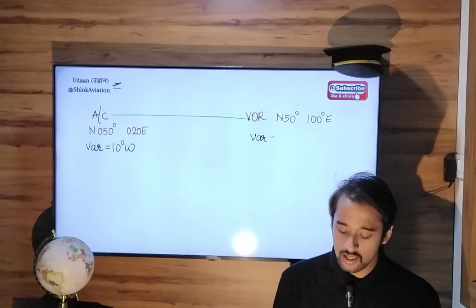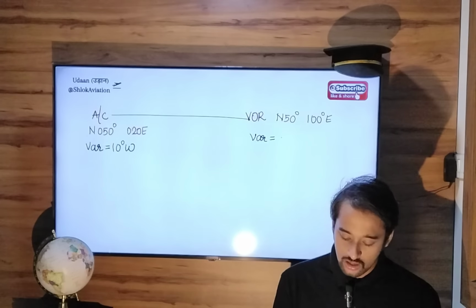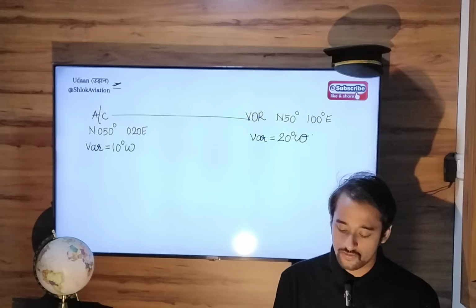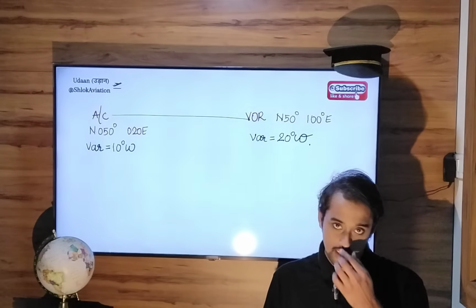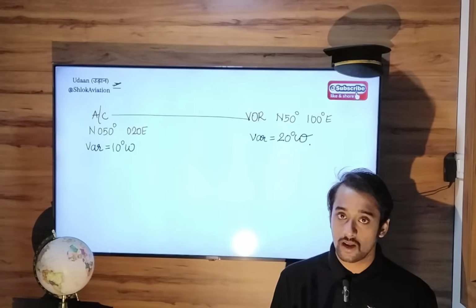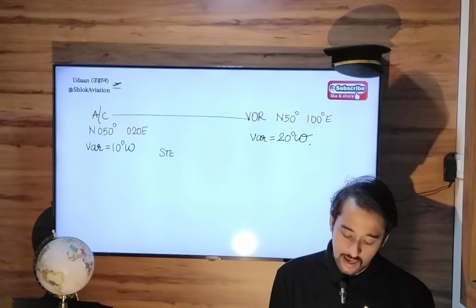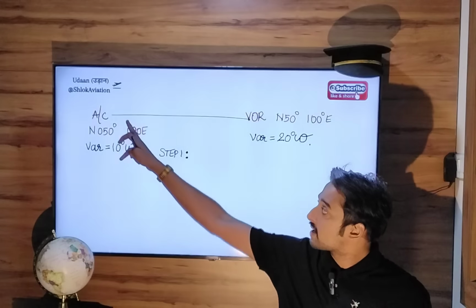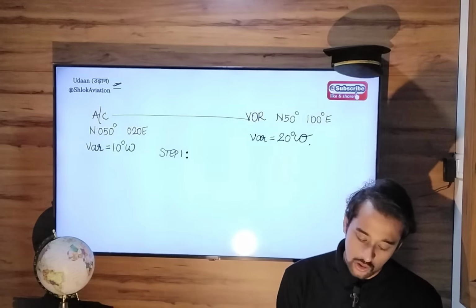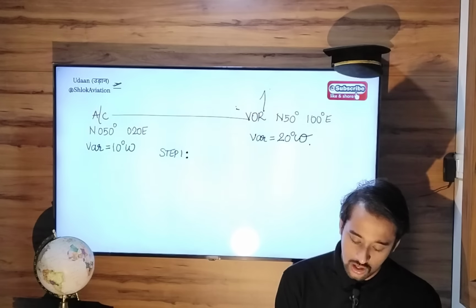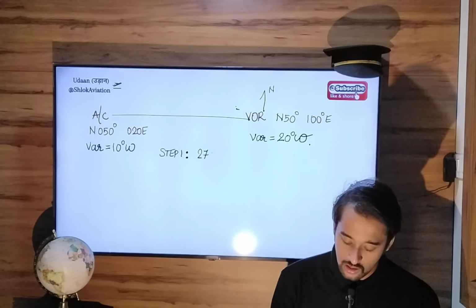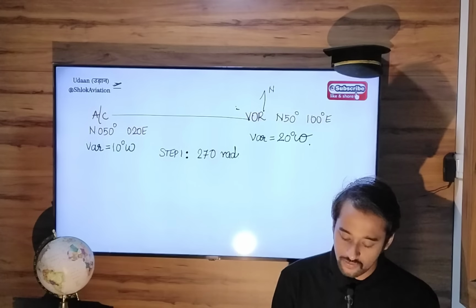Variation at VOR is 20 degree west. Fine. Now all radials of VOR are magnetic in direction. So as of now, step 1, currently we have the information that aircraft is on 270 radial from VOR. This 270 is true direction.